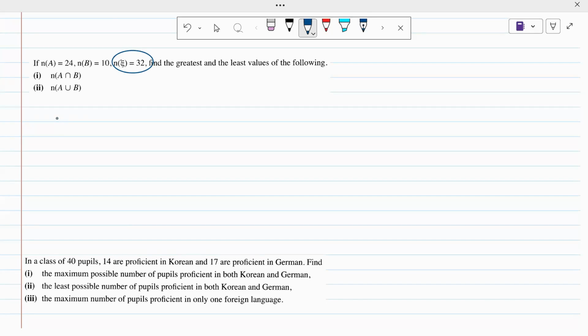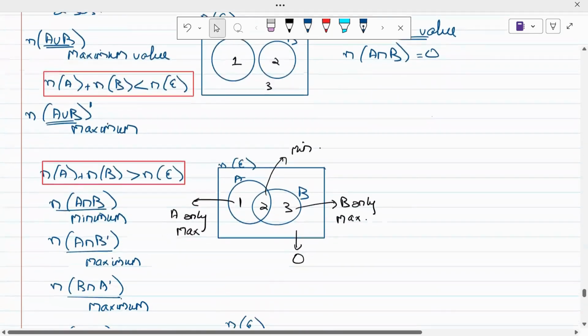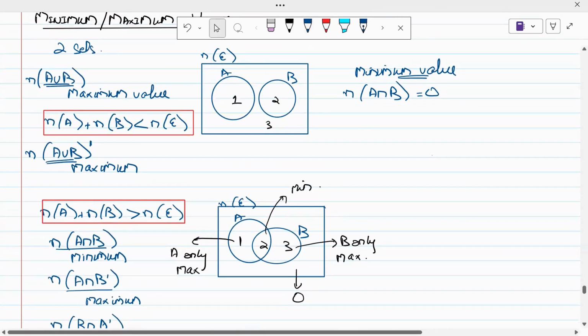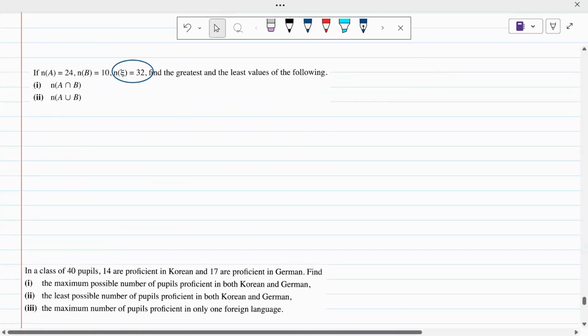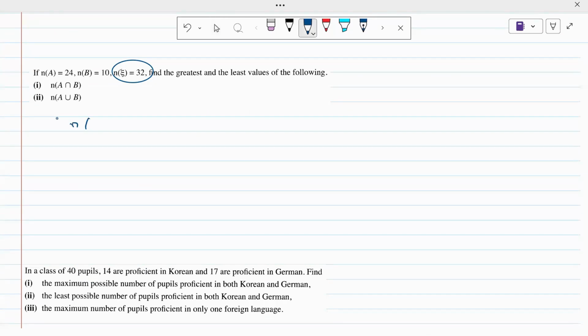So the very first thing to be done is to decide that out of these three cases, we first need to filter out the case of disjoint sets. Disjoint set means the very first case. And to identify disjoint, the sum of A and B should be greater than the universal. n of A plus n of B should be greater than the universal.